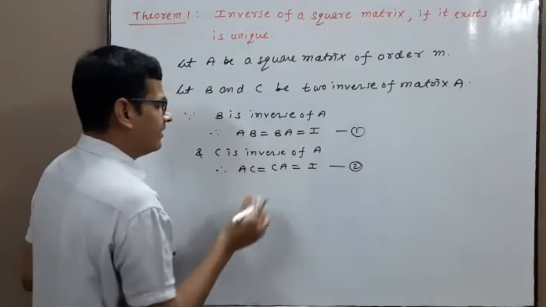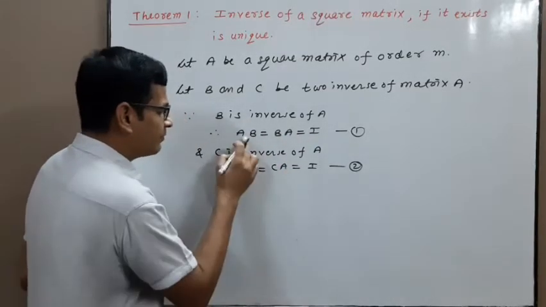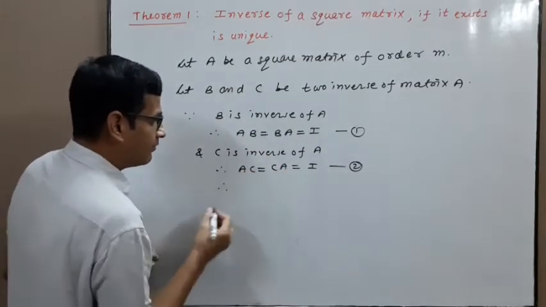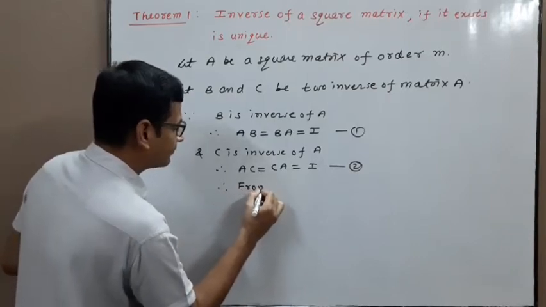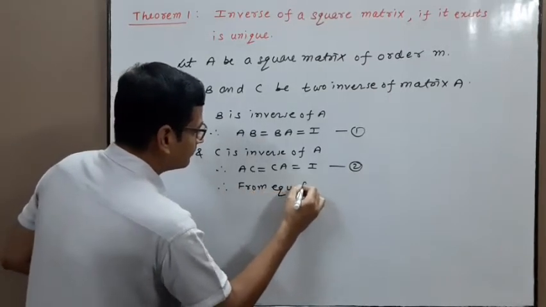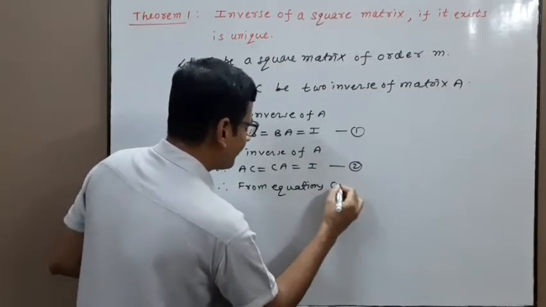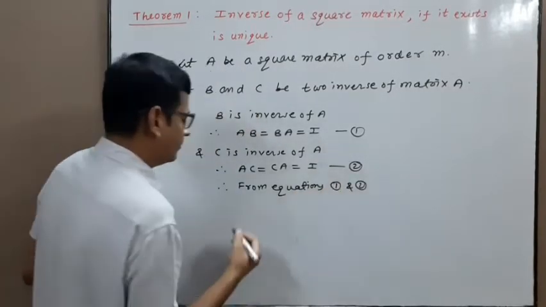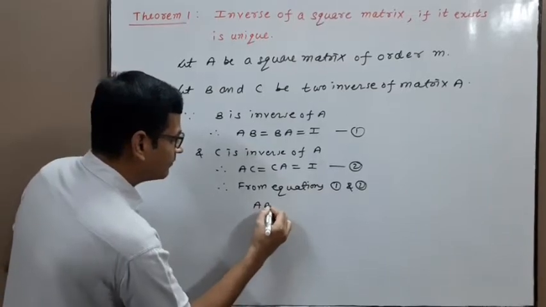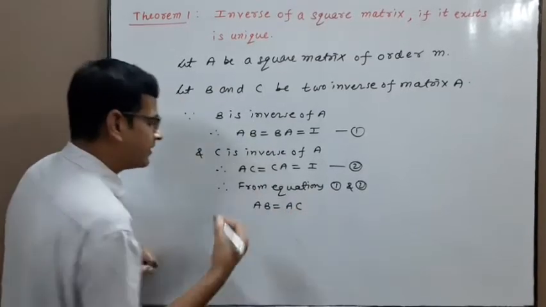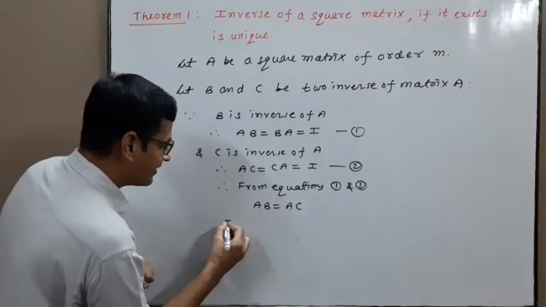AB equal to I, and AC equal to I. It means both are equal. Therefore, from equations 1 and 2, AB equal to AC. Two matrices are equal.